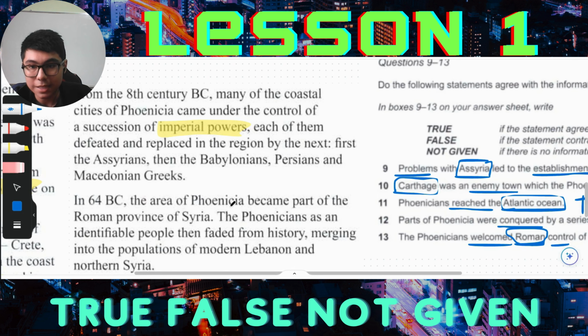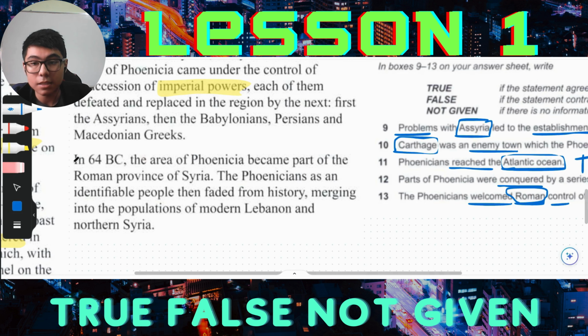So yep, let's continue. In 64 BC, the area of Phoenicia became part of the Roman province. So now we have Roman, which is an unchangeable keyword, province of Syria. The Phoenicians as an identifiable people then faded from history, merging into the populations of modern Lebanon and northern Syria.